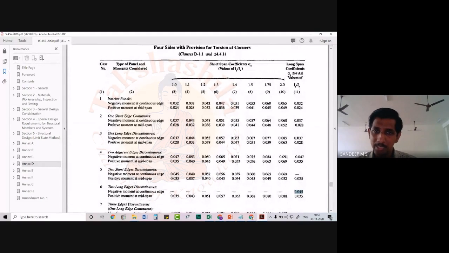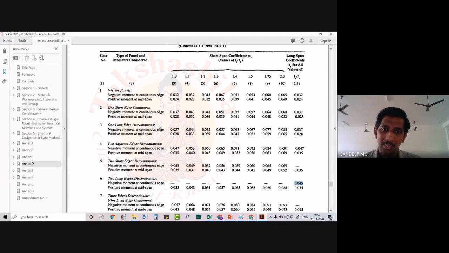So when you get time, you can read each and every condition. Interior panel means it is having continuity on all edges. One short edge continuous means all the 3 sides are free, but we have a smaller edge which is continuous, something like a cantilever slab which is having the shorter edge connected to the building. Then we have one long edge discontinuous.